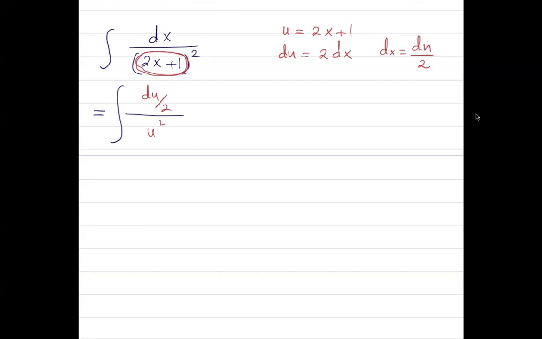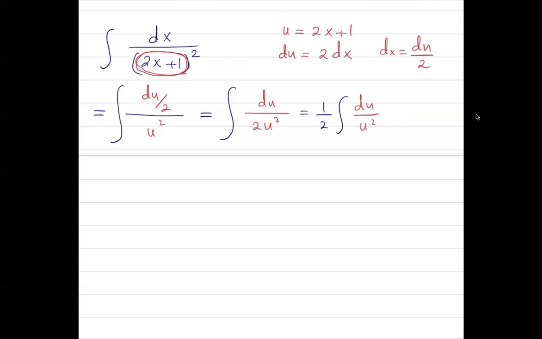So let us simplify this integral. This is the integral of du divided by 2u squared. You can write a half in front of your integral. This becomes a half the integral of du divided by u squared, which is familiar to us.